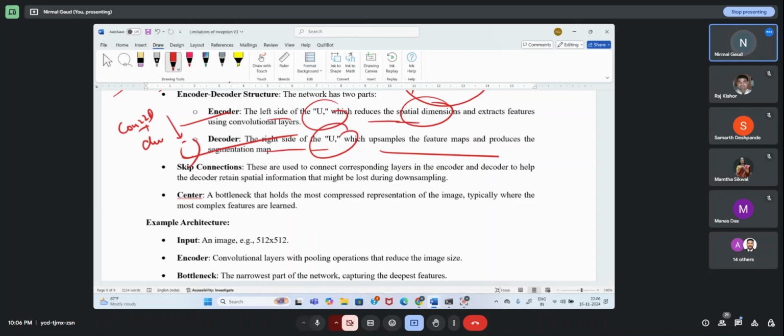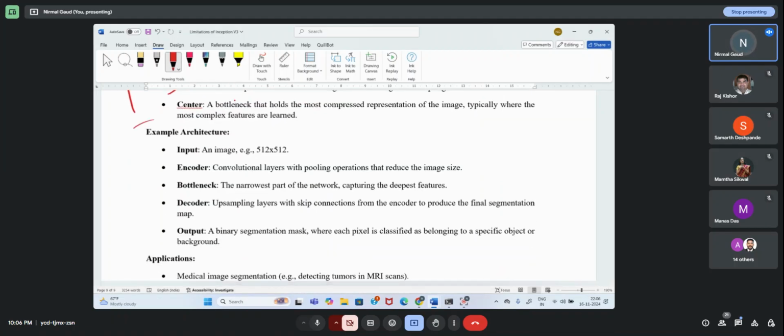That is transpose of convolution, where you increase the size of the data. That is transpose. So this thing happens in encoder and decoder. Encoder downsamples, decoder upsamples. Encoder reduces the size, decoder increases the size. Okay, so this is the architecture which we use in UNet.